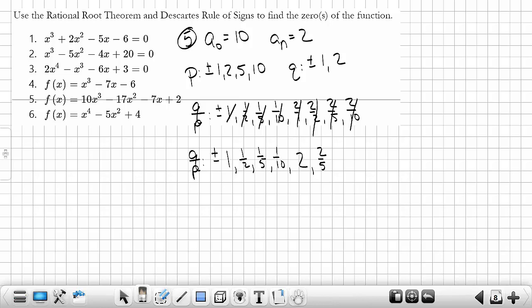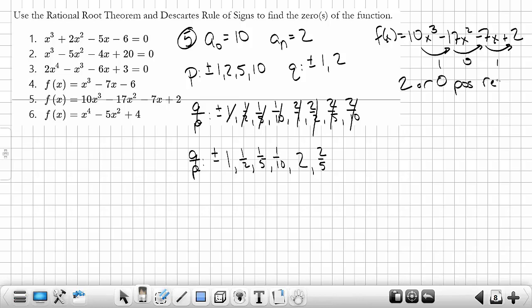Descartes' rule of signs. F of x equals 10x cubed minus 17x squared minus 7x plus 2. There are 2 or 0 positive real roots.